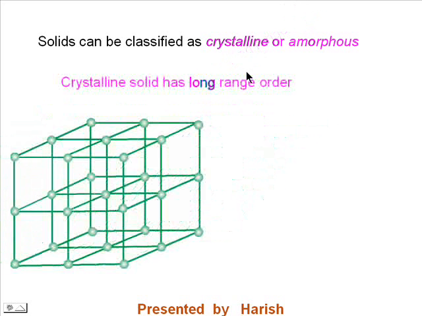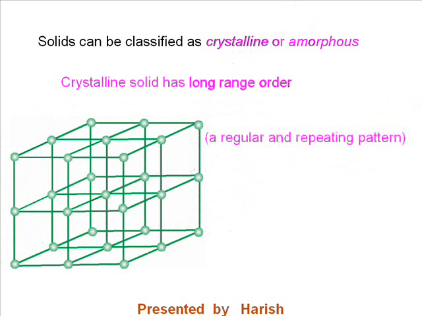So, a crystalline solid has long range order. What is this long range order? A regular and repeating pattern like this. You can see that these constituent particles, this can be an atom, this can be a group of atoms, which we call a compound, or it can be an ion, right?